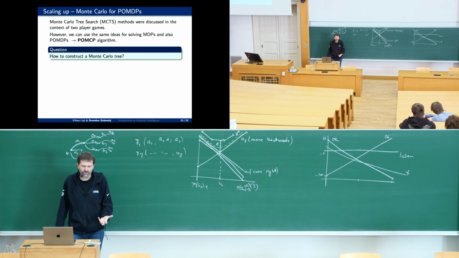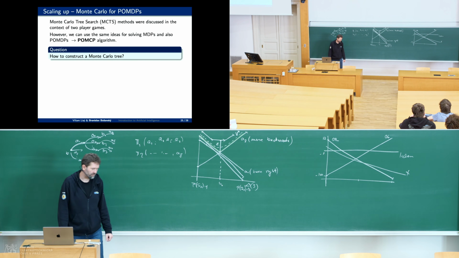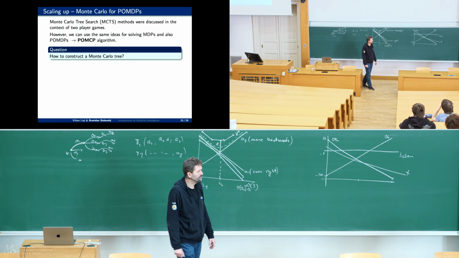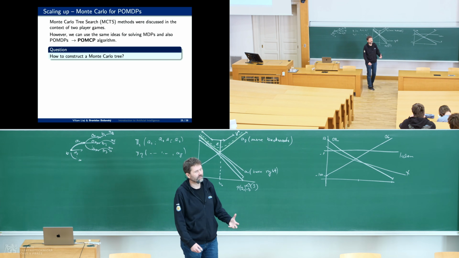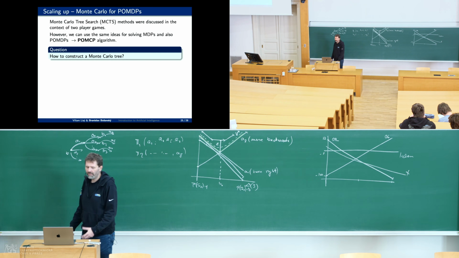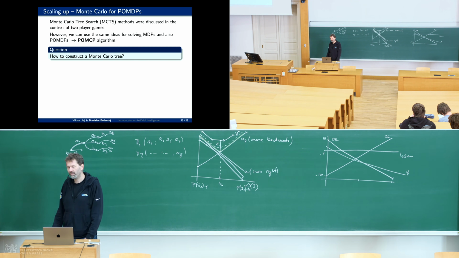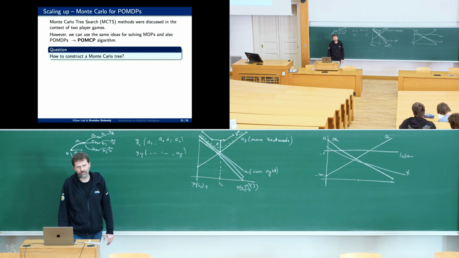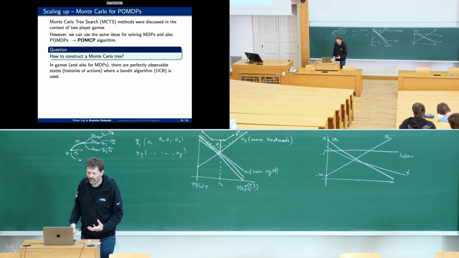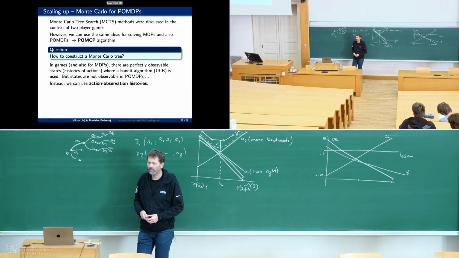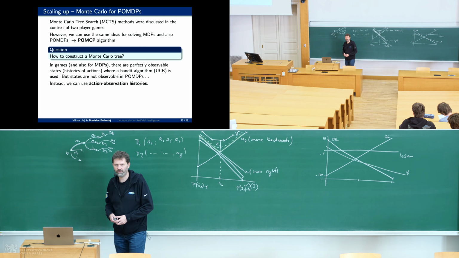So the main question, similarly to what we have already touched, is: how to construct the Monte Carlo tree? We don't have states, or we cannot really observe states. But we can reuse the same idea that we used for constructing the policies for the value iteration, and we can construct the game tree with action observation histories.